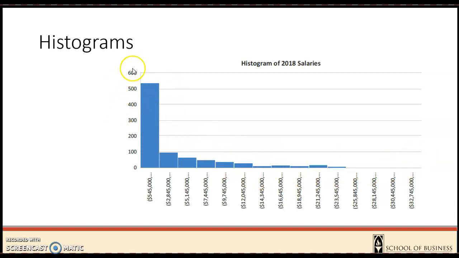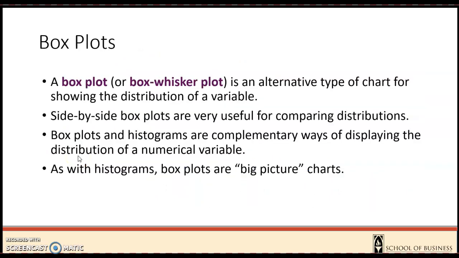That's our mode way up there, so we can see that it's definitely skewed one way. The other chart is a box plot, or box and whisker plot, and this is another good one for comparing distributions. It's not very useful for one distribution. In the example, we're going to do a box plot, and it's not really going to give us any data.